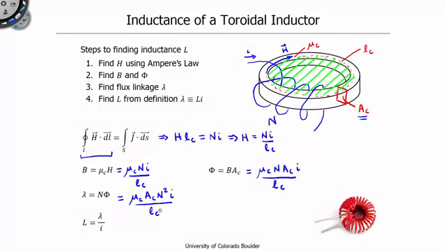Now we can simply use our definition for inductance L being the flux linkage lambda divided by the current I, and this then simply gives us that L is equal to mu c AC N squared over Lc.